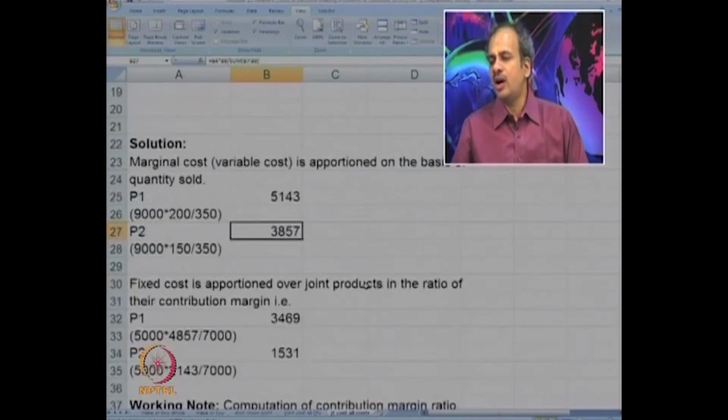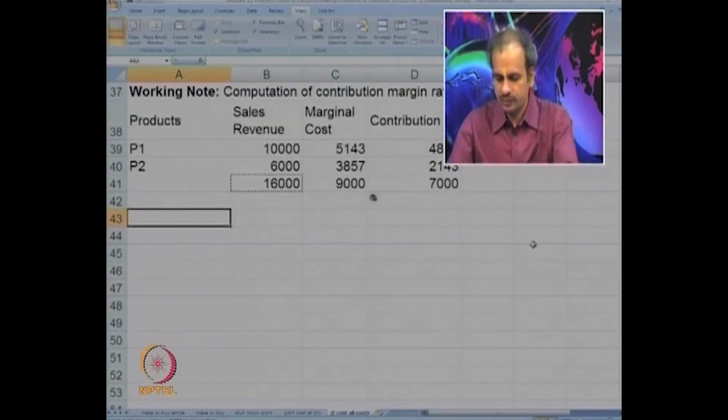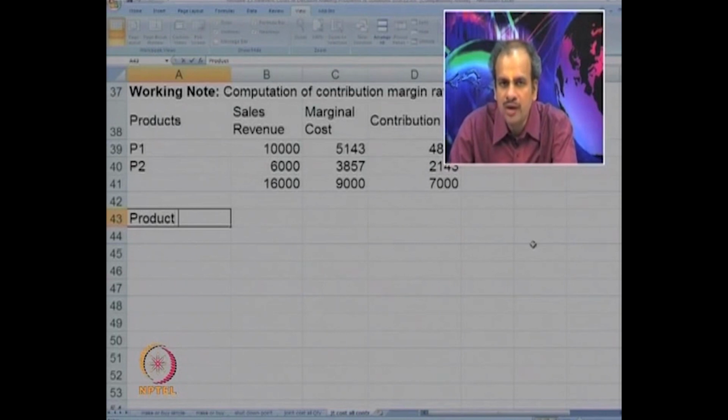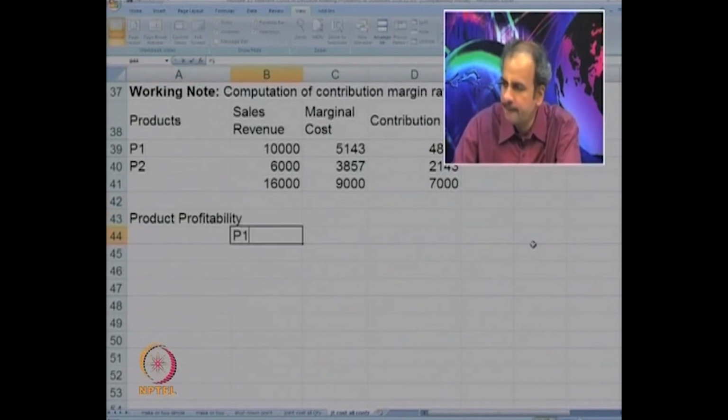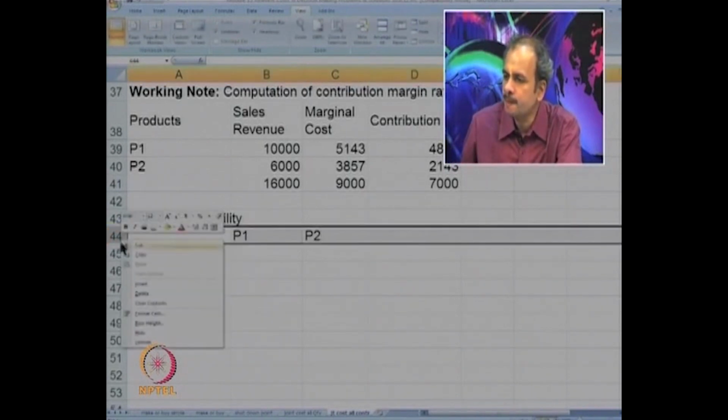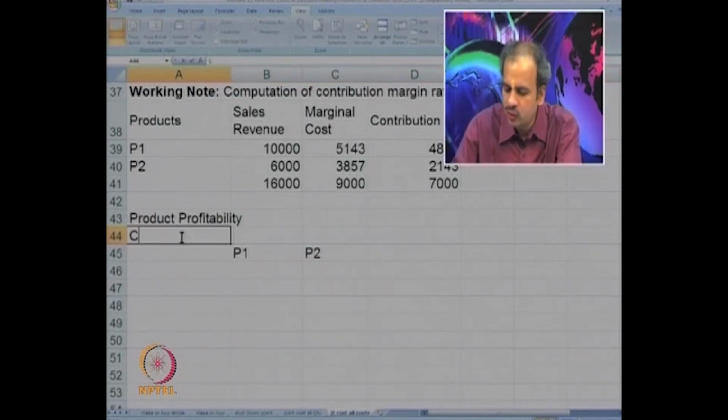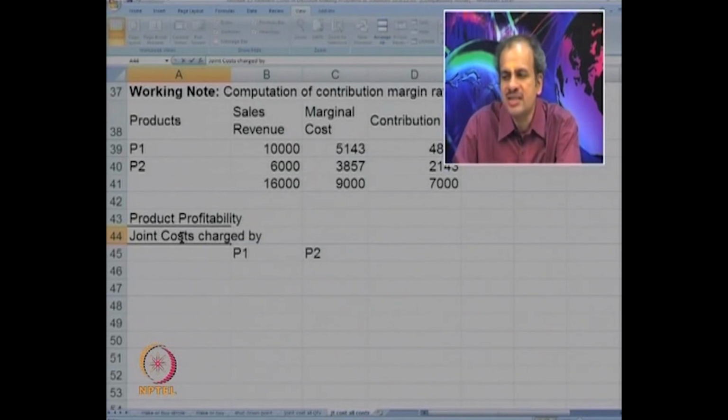Now, let us try to work out the profit. So, if we now calculate the product profitability, now we are doing it by joint costs charged by contribution margin method, which we have just learned.